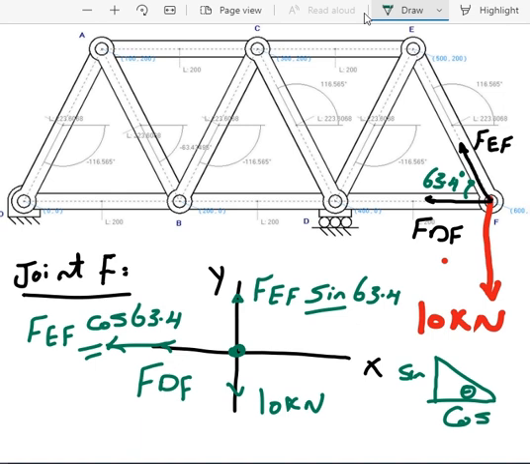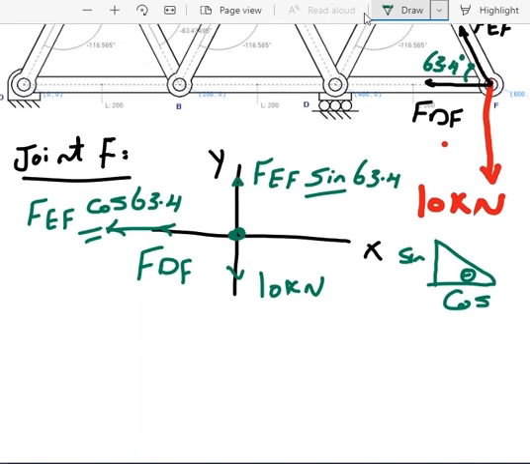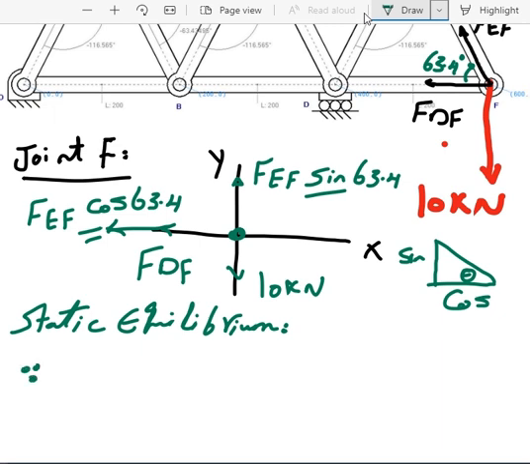So of course we solve our problem in static equilibrium, right? So we will say summation of forces in the y direction equals 0, and then we will say that 10 kilonewton equals this value, right?